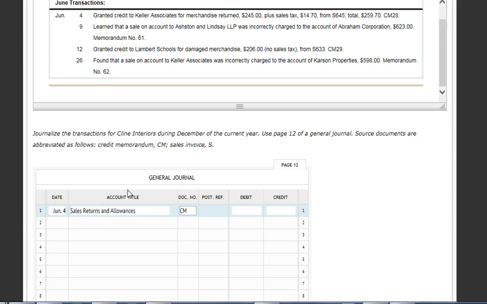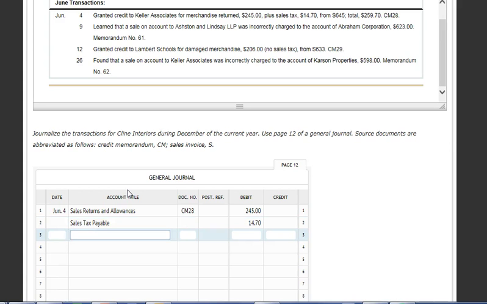It's our credit memorandum 28. Our debit is $245. And then sales tax payable, we don't need another credit memorandum, but it's $14.70.